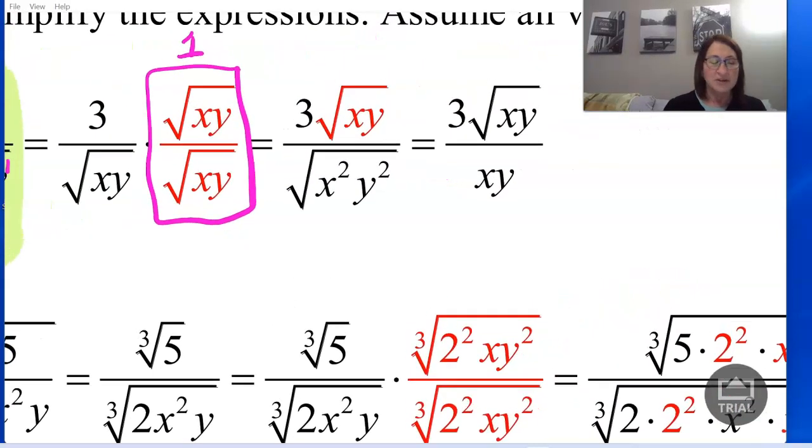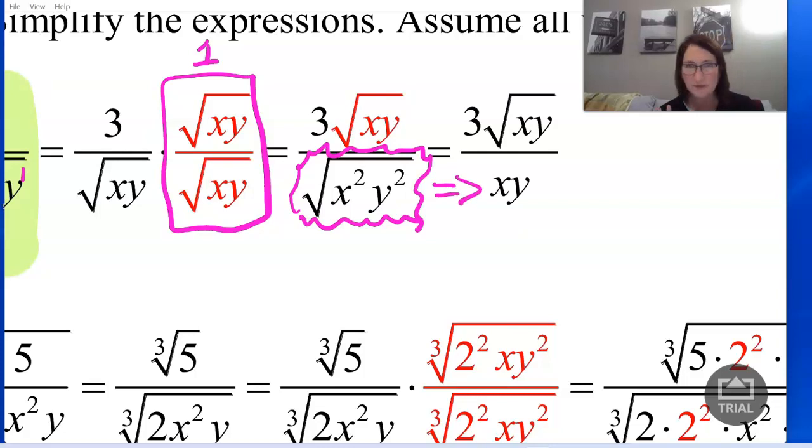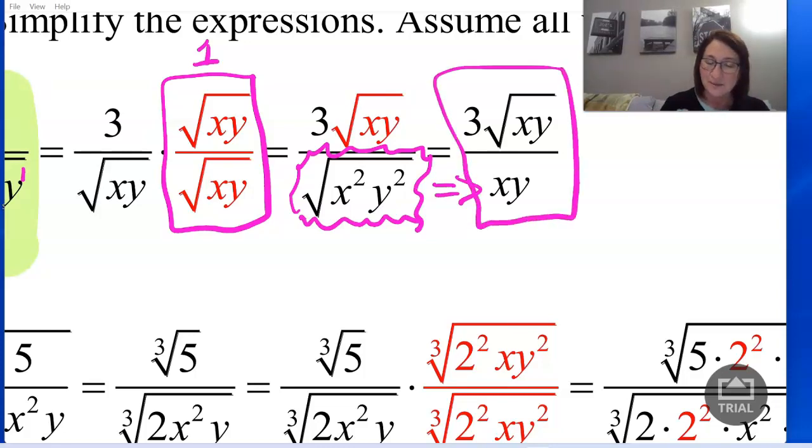So now I've got x squared y squared as my radicand, and so that just becomes xy in the denominator. And in my numerator, I've got 3 times the square root of xy. That is beautiful. That's as good as it gets.